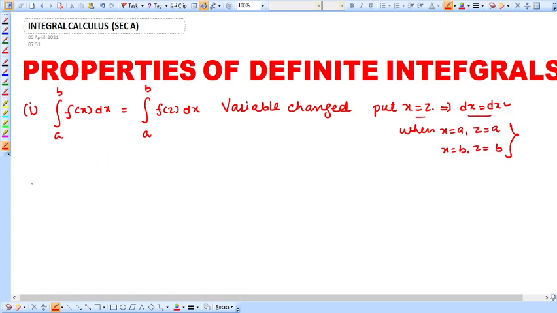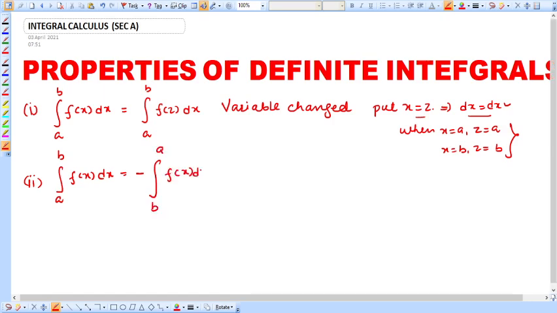Now the second property: integration of f of x dx from a to b is equal to minus integration from b to a of f of x dx.